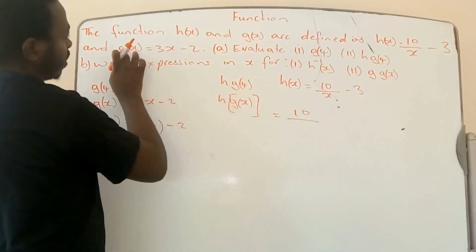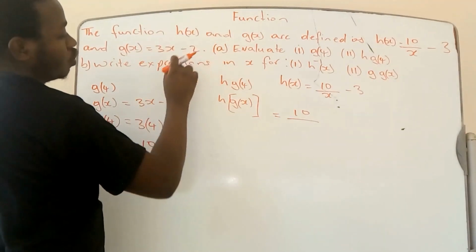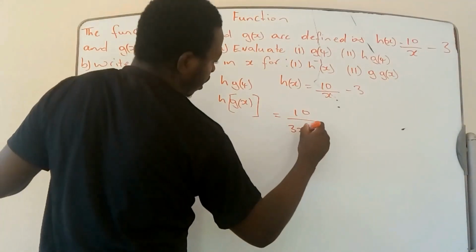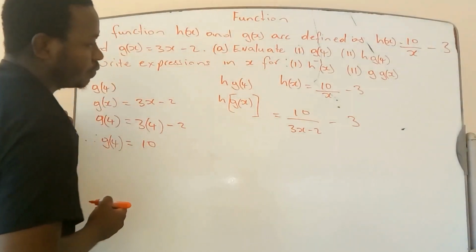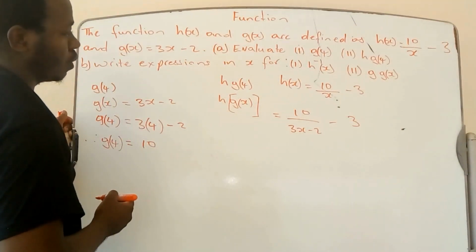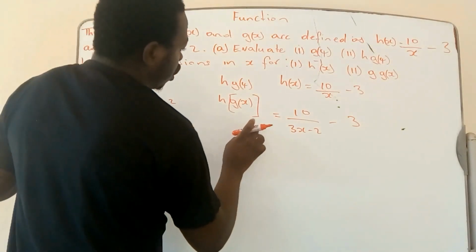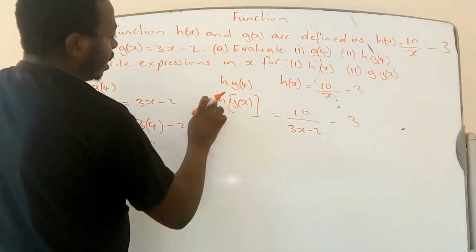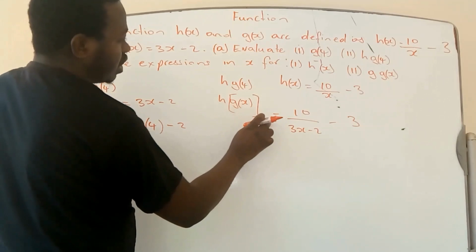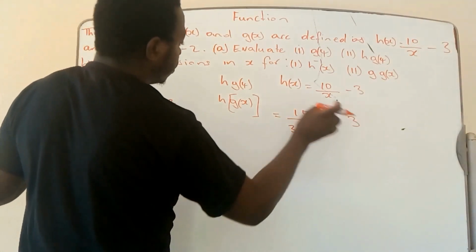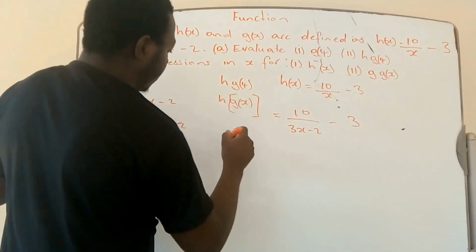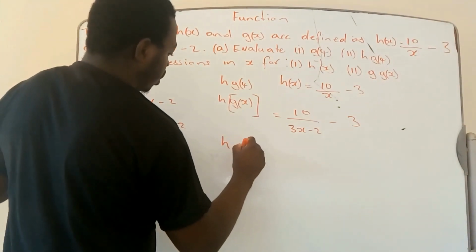But g of x is equal to 3x minus 2. So we're going to put 3x minus 2, subtract 3. So now we know that h of g of x is equal to 10 divided by 3x minus 2 minus 3.